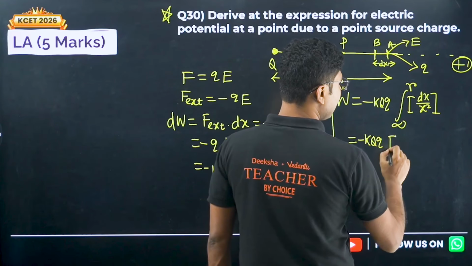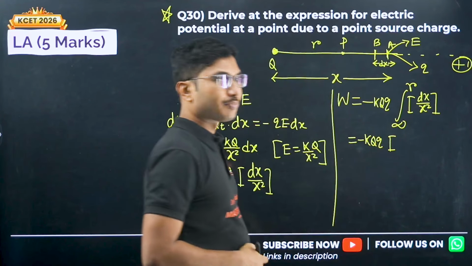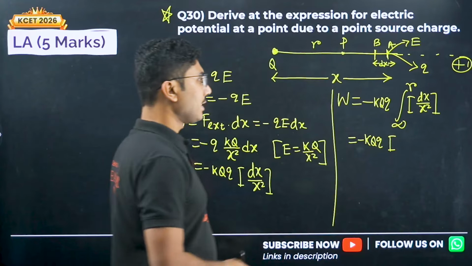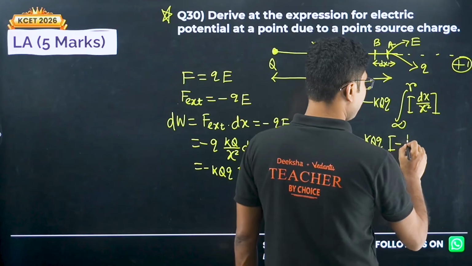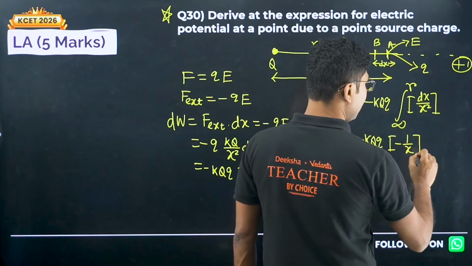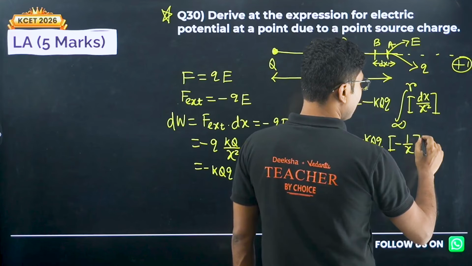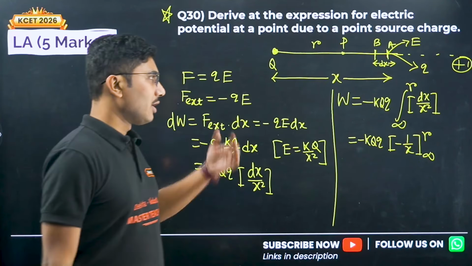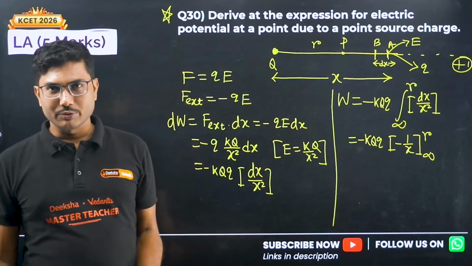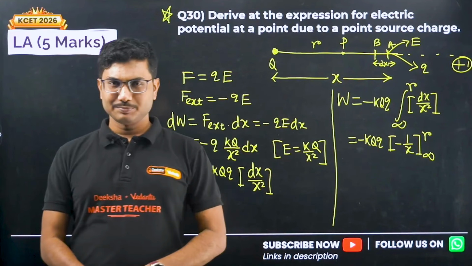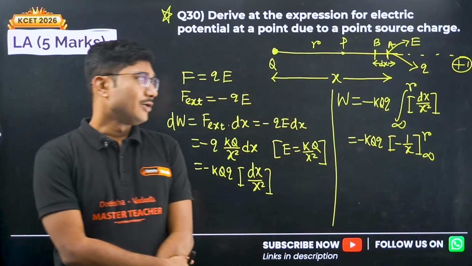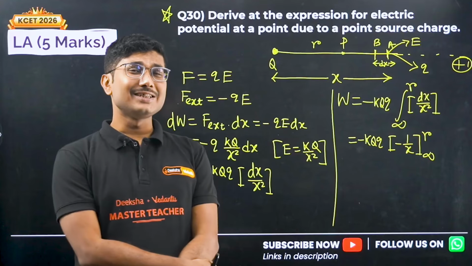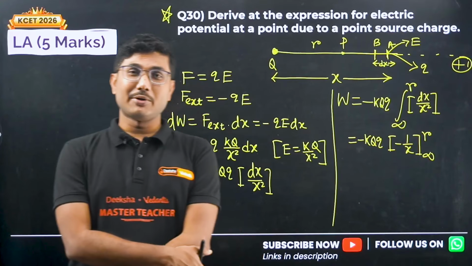Now what is the integration of 1 upon x square? Integration of 1 upon x square is minus 1 by x. When you first started in PU2, chapter 1 was over, chapter 2 was over, and the teacher was doing this derivation, you thought, what is this integration? Because you had no idea about integration back then.